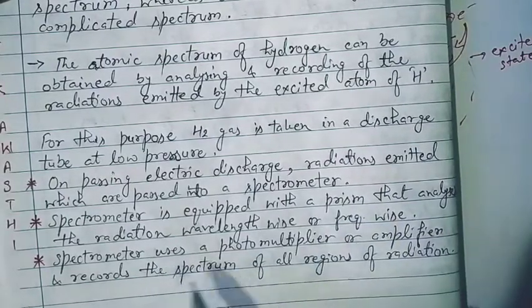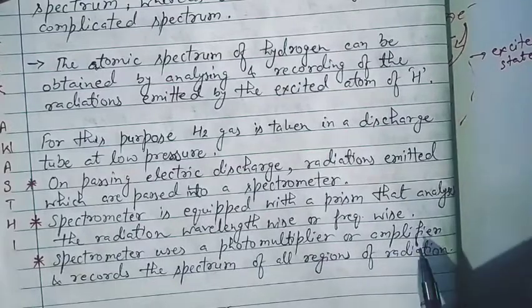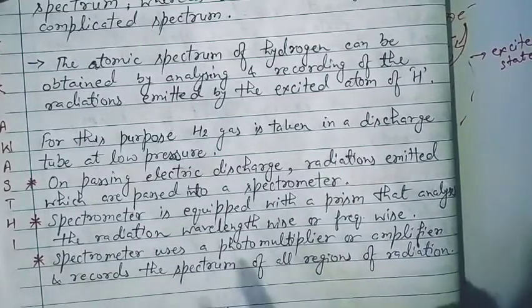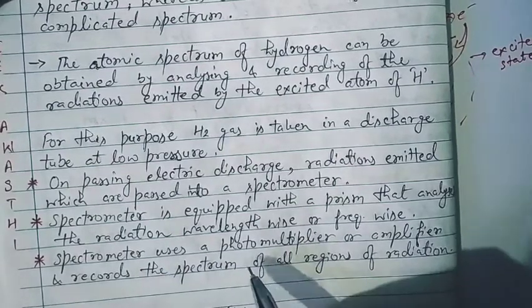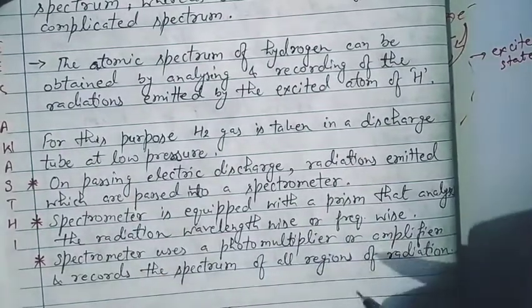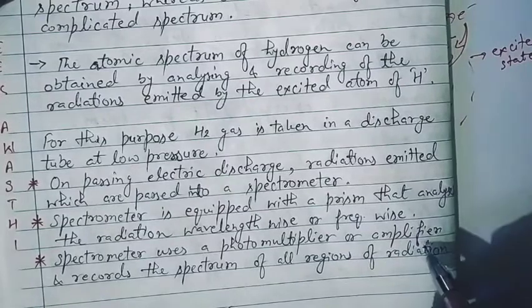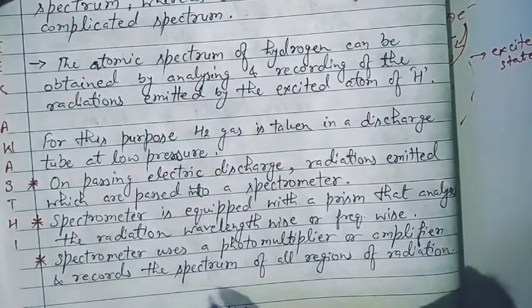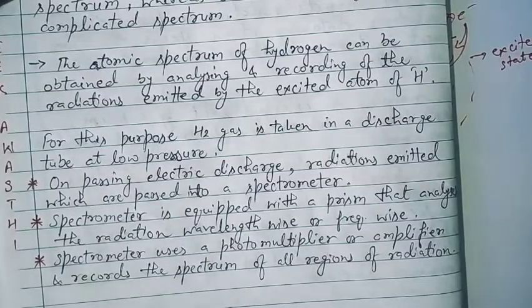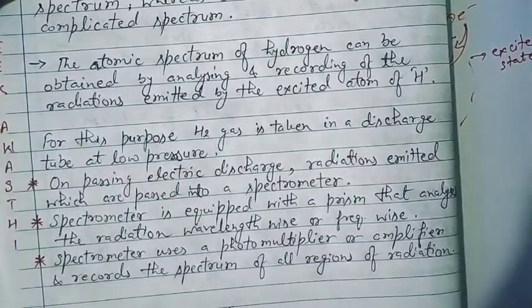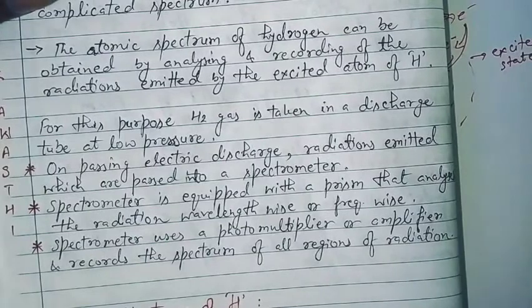Then the spectrometer is given a photomultiplier or amplifier, because by using a simple spectrometer we can only observe the spectrums of the visible range or limited ranges, but the photomultiplier and amplifier make us able to record the spectrums of all regions, at least from ultraviolet regions to the infrared regions.